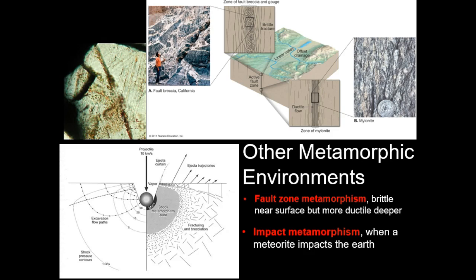With great depths come high temperatures and high pressures. When rocks are deformed at such depths due to faulting, they behave a lot more ductilely, by which I mean plastically.